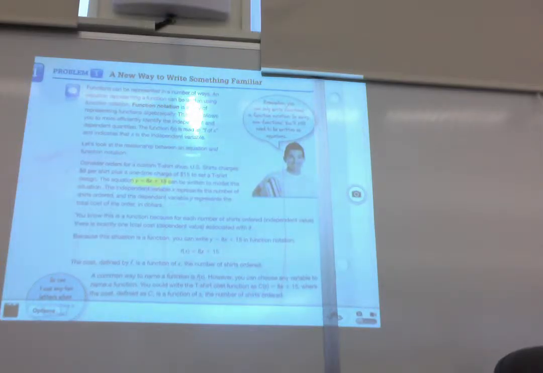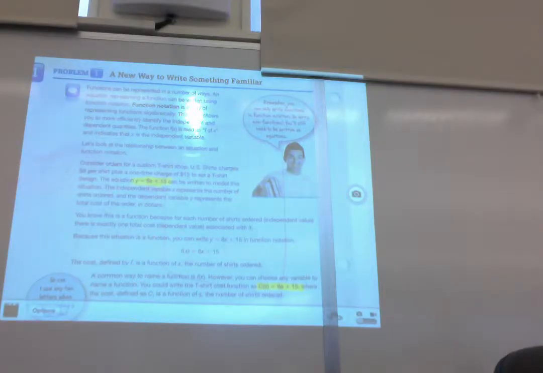Because this situation is a function, you can write y equals 8x plus 15 in function notation. f of x equals 8x plus 15. The cost, defined by f, is a function of x, the number of shirts ordered.